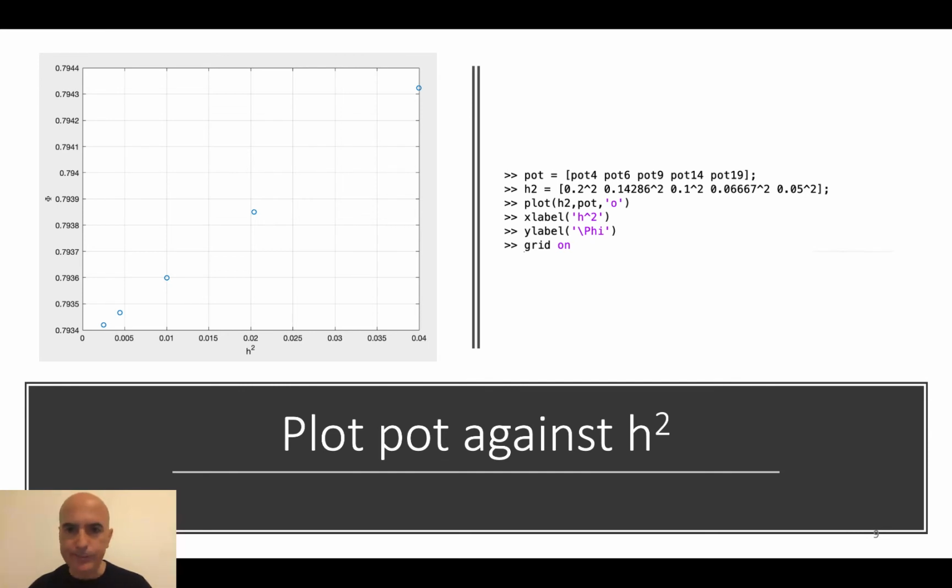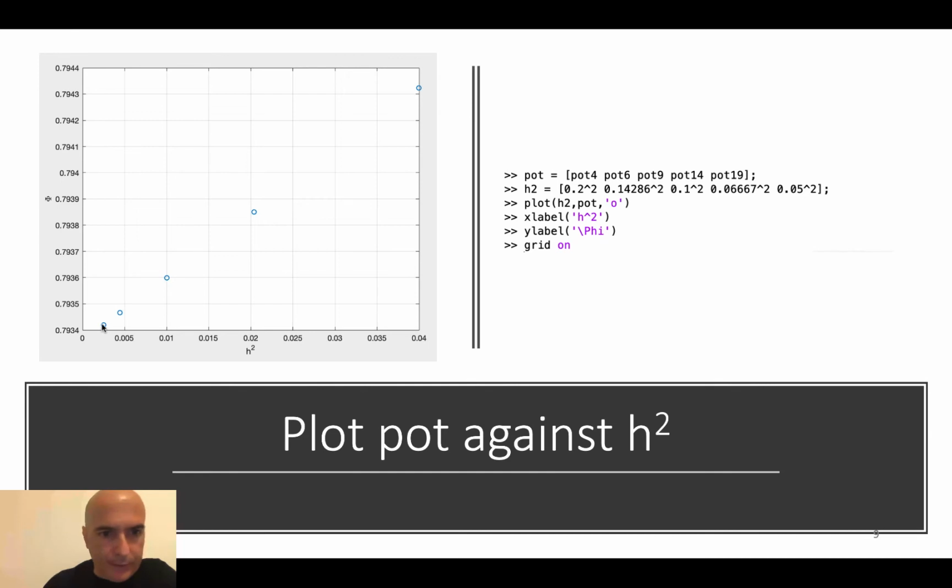I can plot the values of the potential using this MATLAB function called plot. On the x-axis I put h squared, and on the y-axis I put the potential calculated with different numbers of squares, and then I put the labels on. As you can see, on this axis I have h squared.